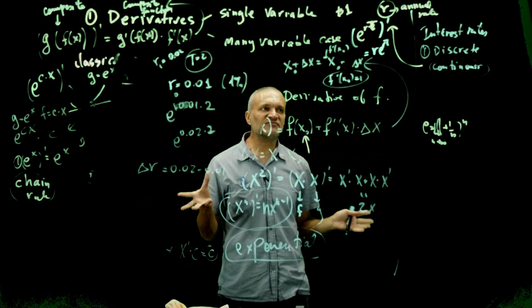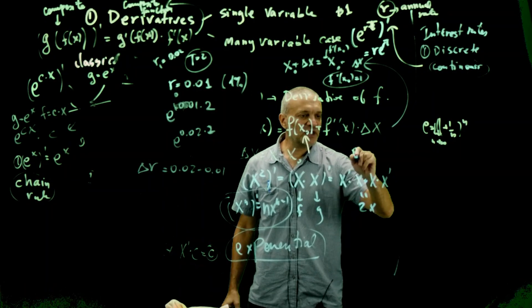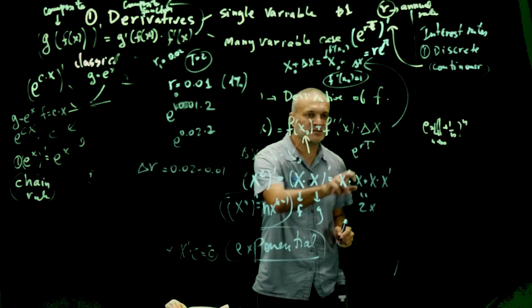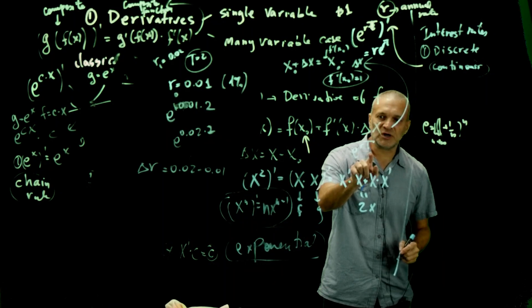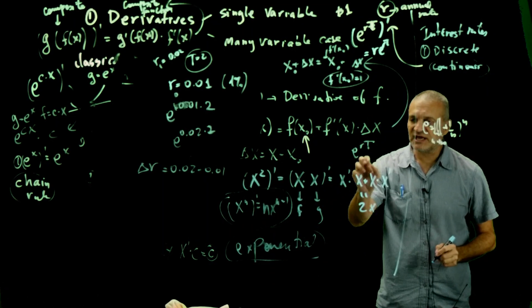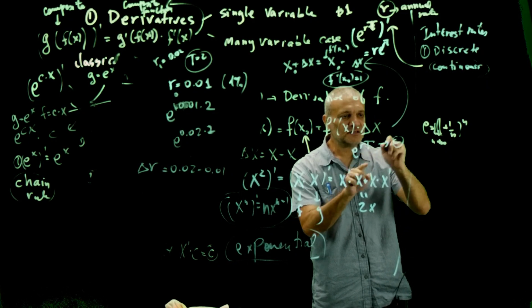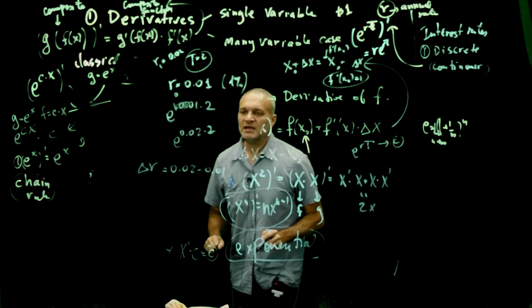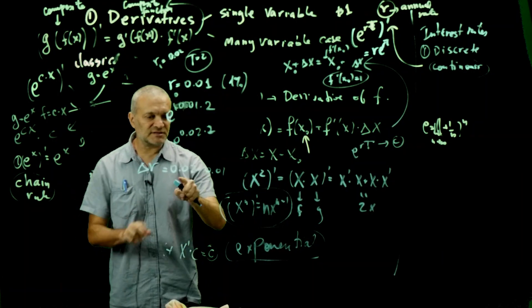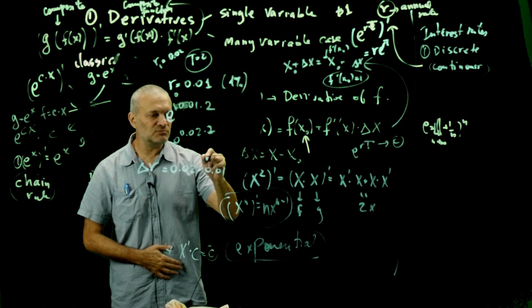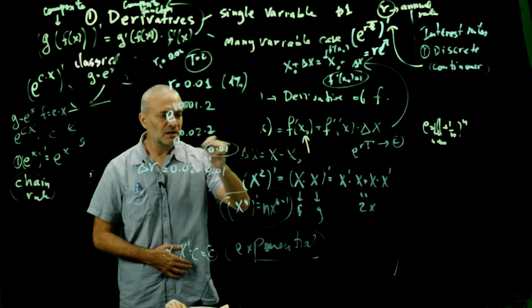I know that it's very confusing, but if we have e to the rt, we can derive with respect to r. T is constant, r is the variable. So it means that t is our constant, our c. So you are going to have delta r equals 0.02 minus 0.01, which is 0.01. Great.